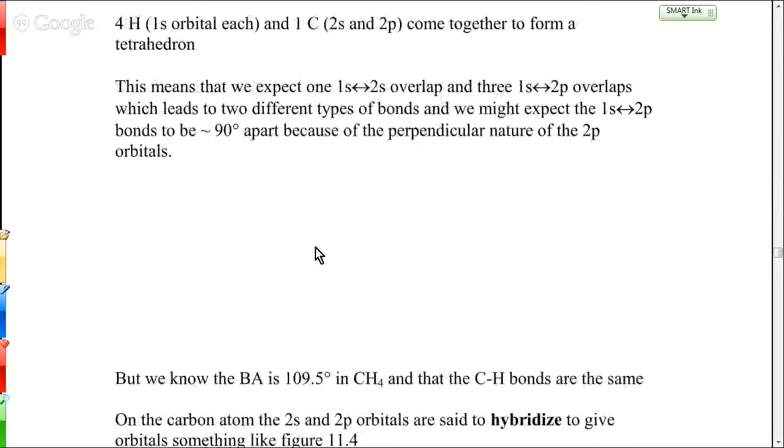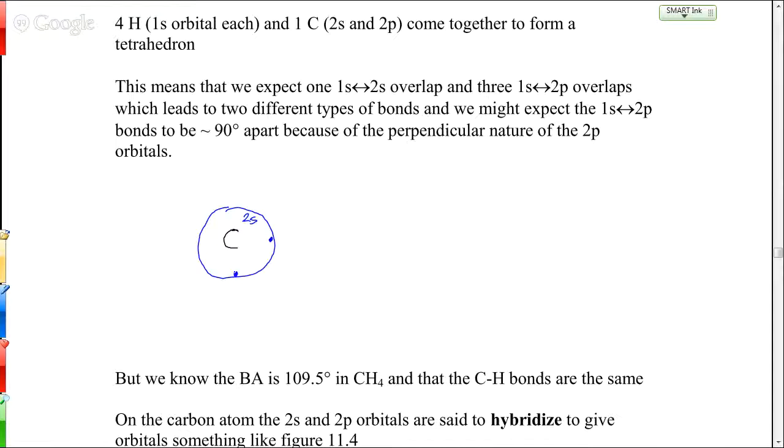So I'm going to draw a really weird picture here that's going to try to take that into account. So here's our central carbon atom. And first we're going to say, all right, it's got 2 electrons in the 2s. So we know a 2s is a sphere. And we've got 2 electrons. Now we know that there's not orbits, of course, but we're going to pretend for the sake of this that we've got 1 electron kind of on each side of this.